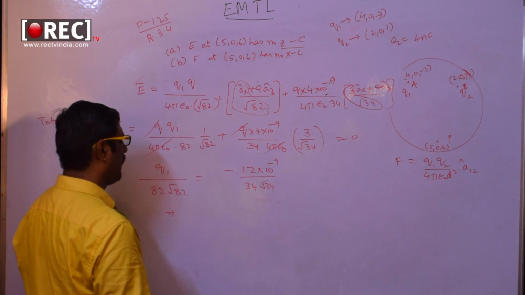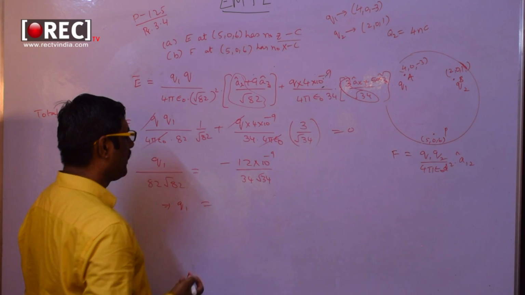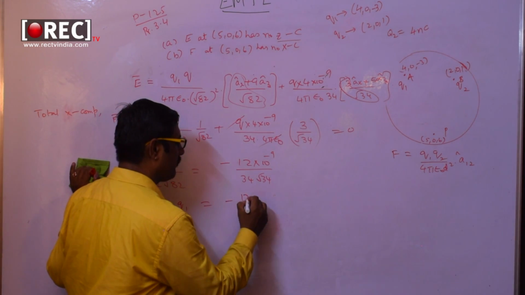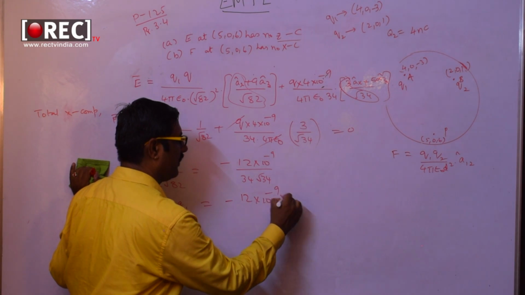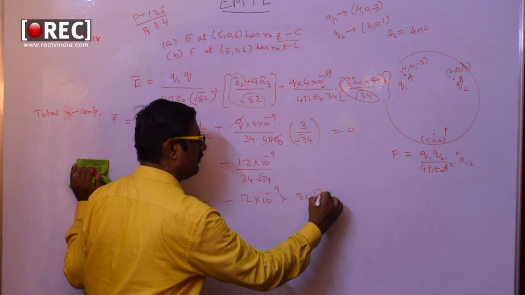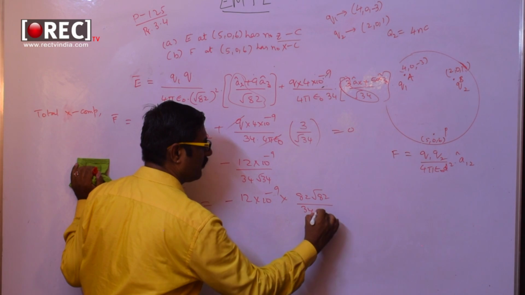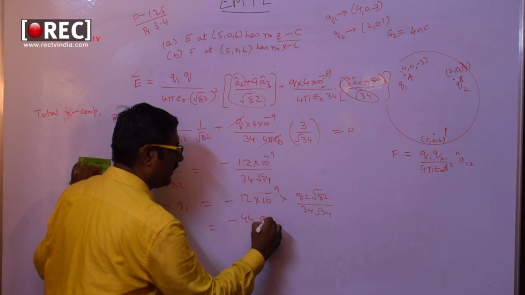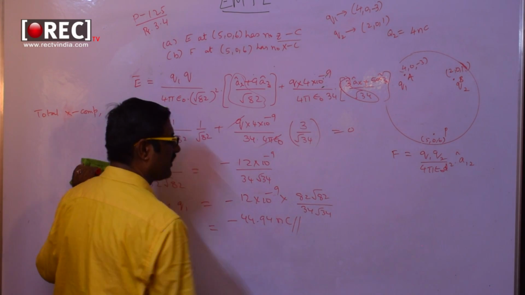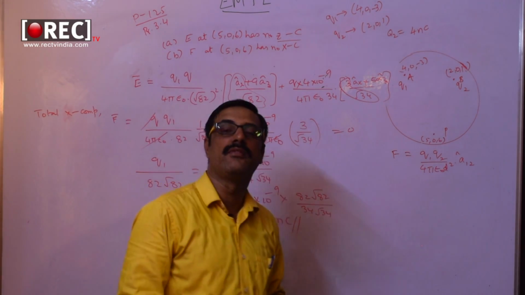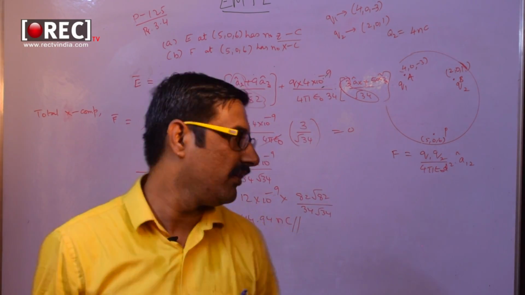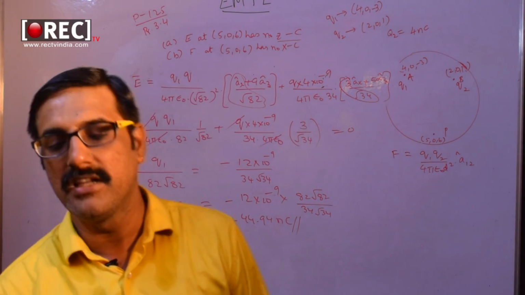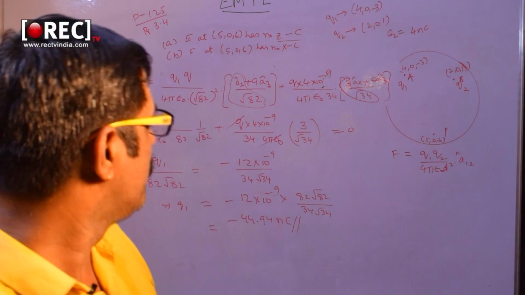Calculating this on a calculator, Q1 is minus 12 into 10 to the power of minus 9 into 82 root 82 divided by 34 root 34, and the final answer is minus 44.94 nanocoulomb, which you can check with the answers at the end of the book. In this way we can determine the electric field intensity and the force between any two charges.